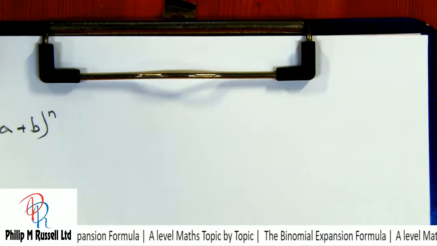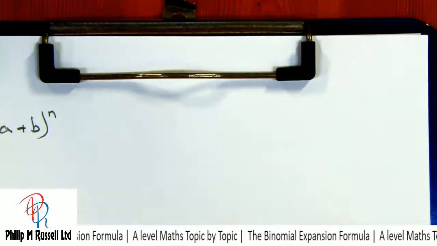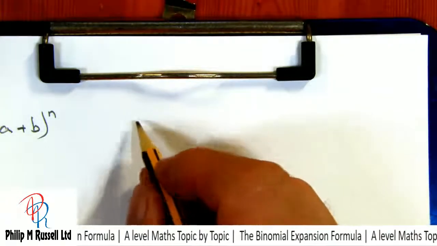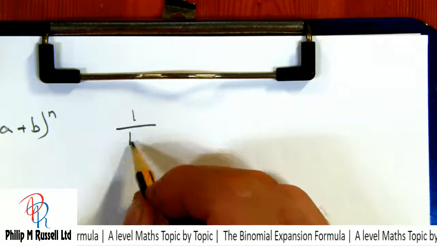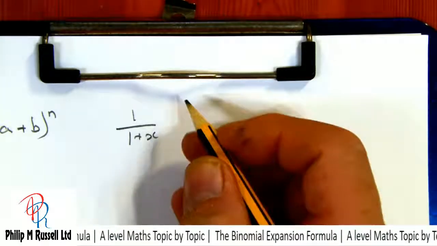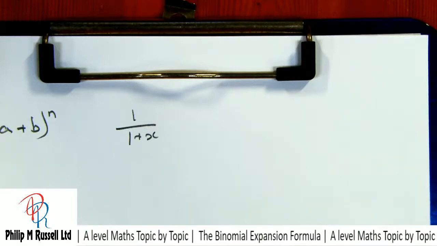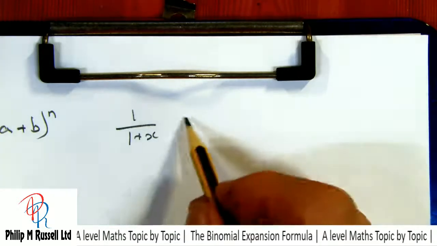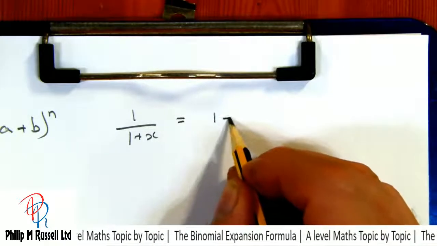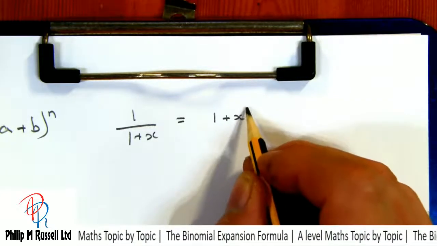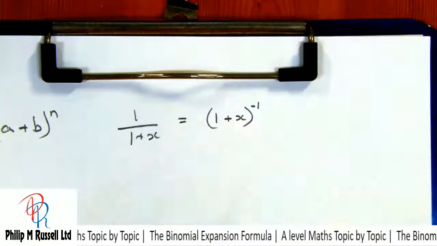The problem comes when someone says, can you expand 1 over 1 plus x? Let's see if we can write that in. First of all, in index form, that's going to be 1 plus x, but this time it's to the minus 1.